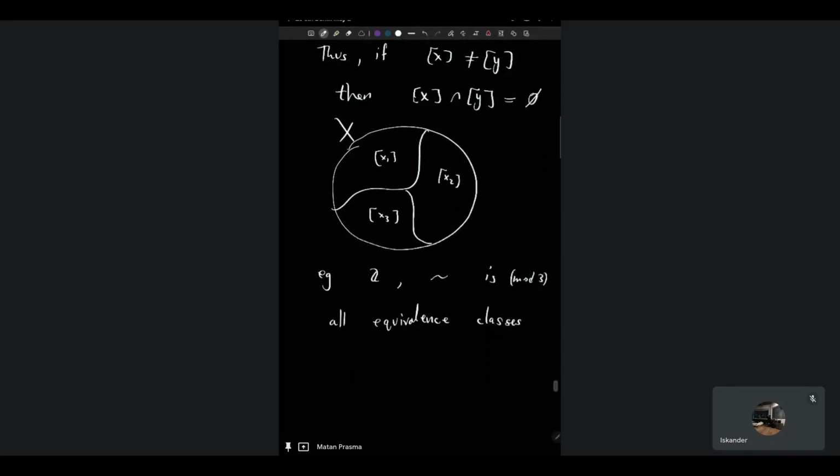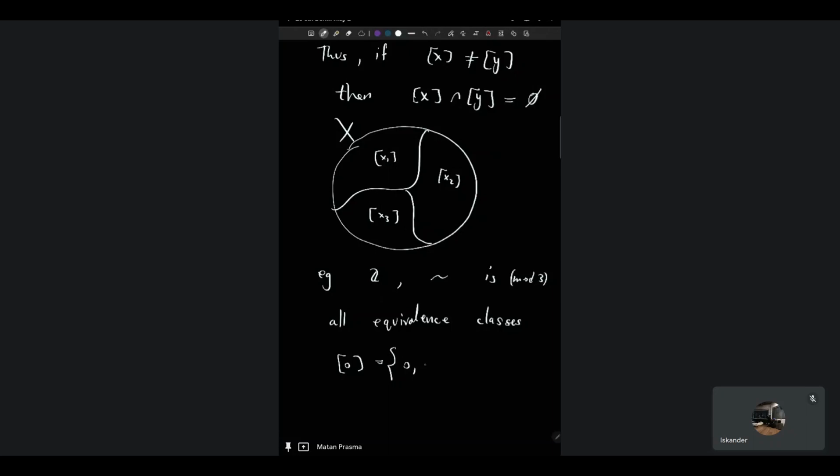are, first, I have the equivalence class of 0. The equivalence class of 0 is, well, 0, of course, belongs to the equivalence class of 0. And then any integer that is equal to 0 modulo 3.